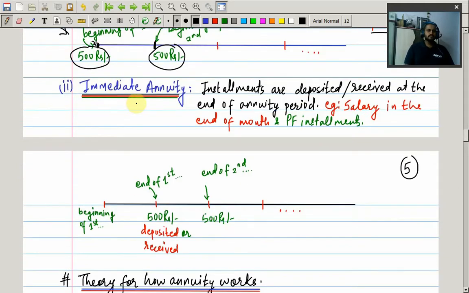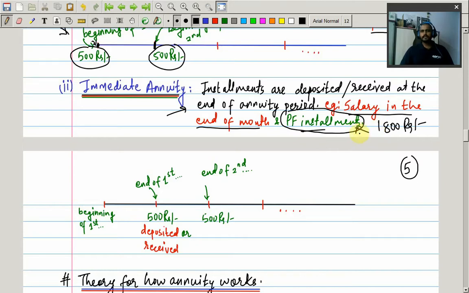What happens in immediate annuity? Installments are deposited or received at the end of the annuity period. Some examples: salary. We always get salary at the end of the month, and when we receive our salary, there is some deduction, say rupees 1800, that goes into PF, the provident fund.